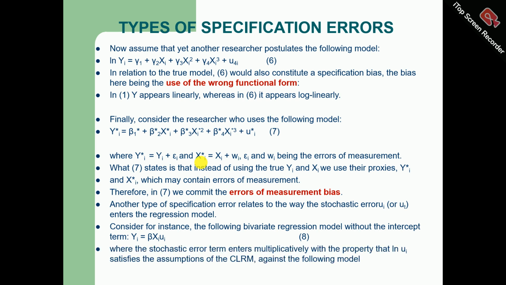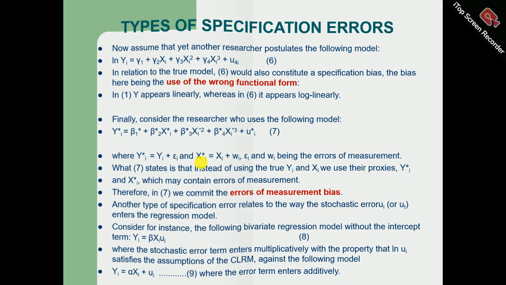This is equation number 8, where the stochastic error term enters multiplicatively rather than additively, with the property that the natural log of ui satisfies all the assumptions of the classical linear regression model. Compare it against the following model, yi is equal to alpha xi plus ui, where the error term enters additively.